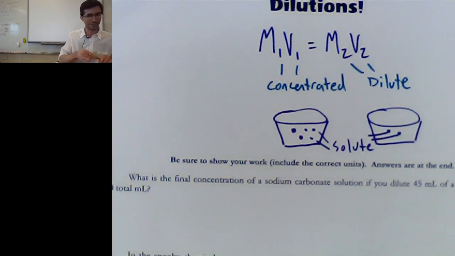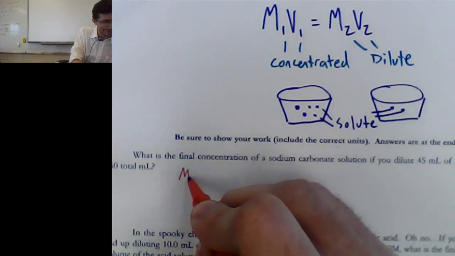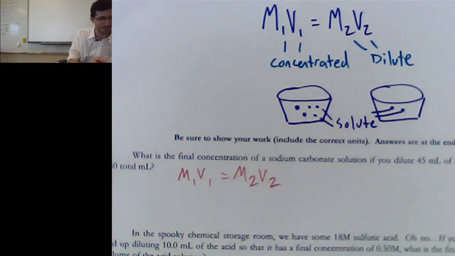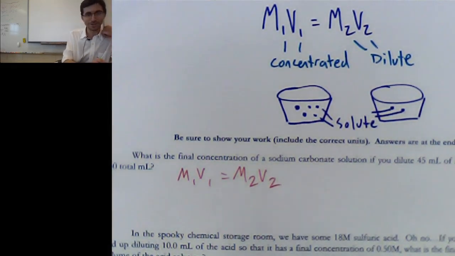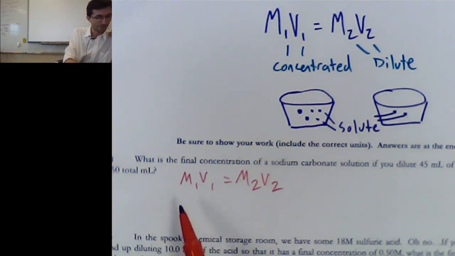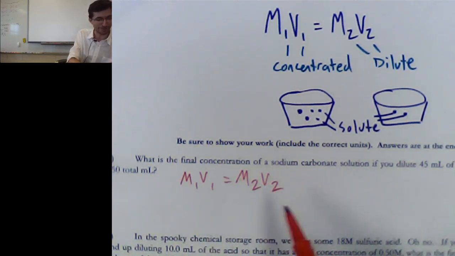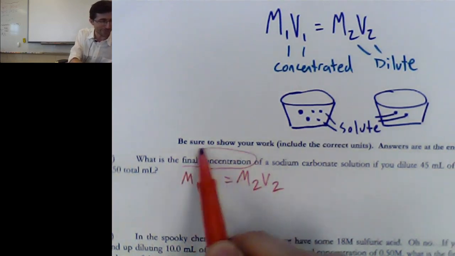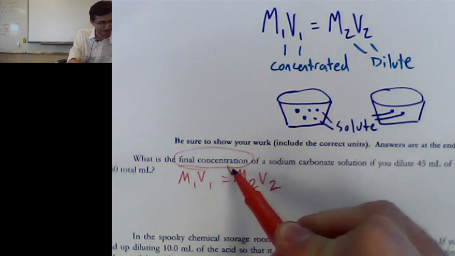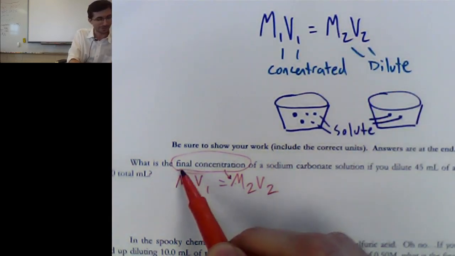So we're looking down here at our problem. All I'm going to do is write out my equation. M1V1 equals M2V2. Normally, what we do in advanced chem is we move our variables around and solve for what we're trying to find. We need to solve for the final concentration. Concentration's unit is molarity, so that's going to be our M, M2, because of final.